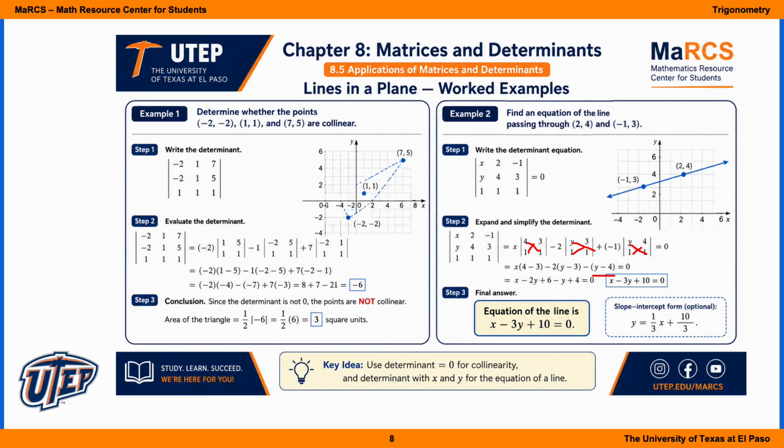Now we can simplify the 4 minus 3, and that'll be 1, so we'll have x times 1, and then we'll have negative 2 times y and negative 2 times negative 3, and then we can distribute the negative into the y and the negative 4. So now we can combine like terms, and we'll have an equation of x minus 3y plus 10 is equal to 0. So that means that the equation of the line that passes through the points 2, 4, and negative 1, 3 is given by that equation that we just found.